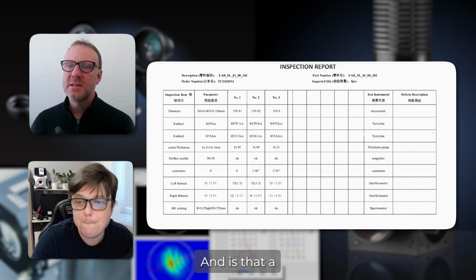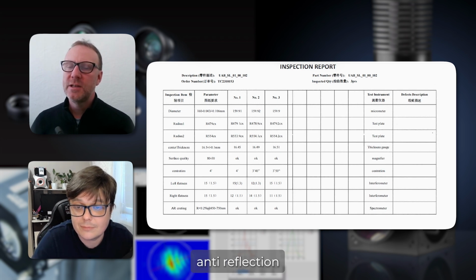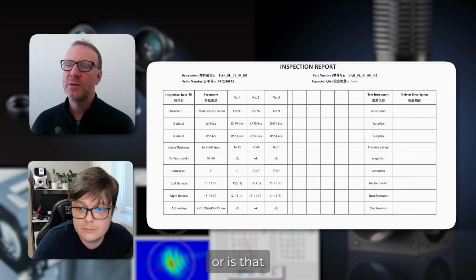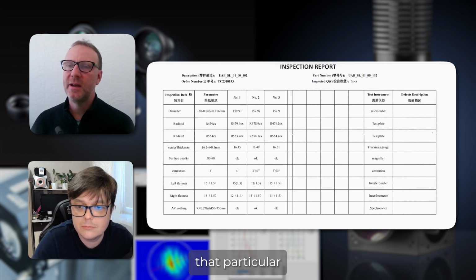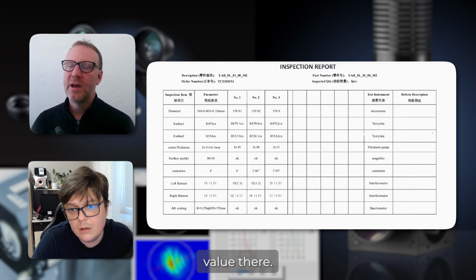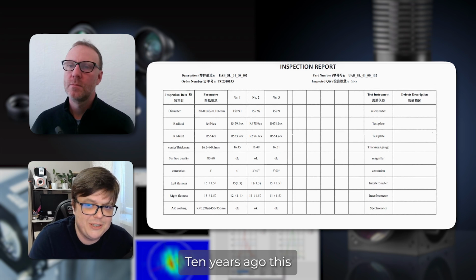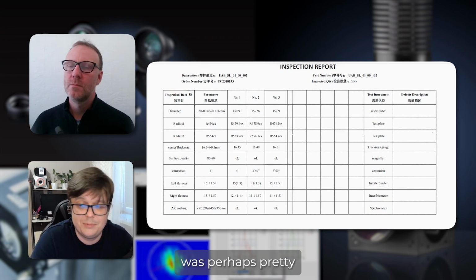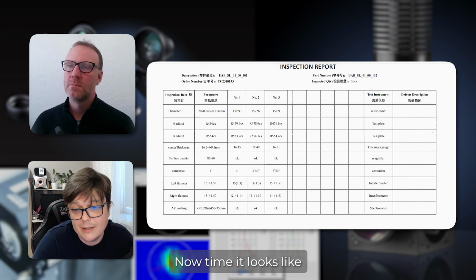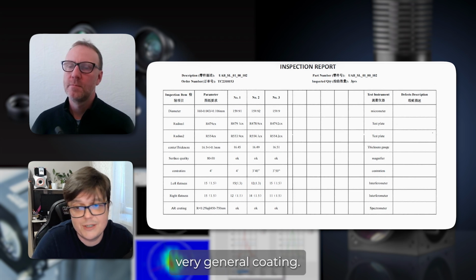Yeah. And is that a pretty typical anti-reflection coating specification? Would you call that standard, or is that highly specified, that particular value there? 10 years ago, this was perhaps a pretty complex coating. Now, it looks like a very general coating.